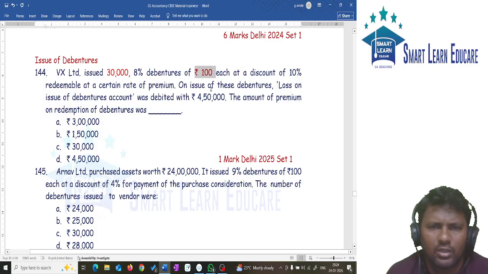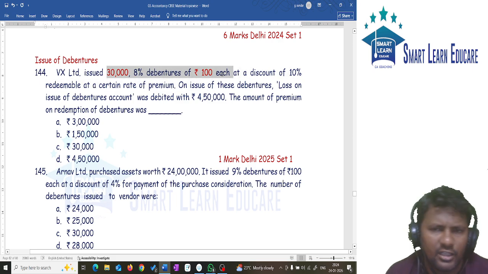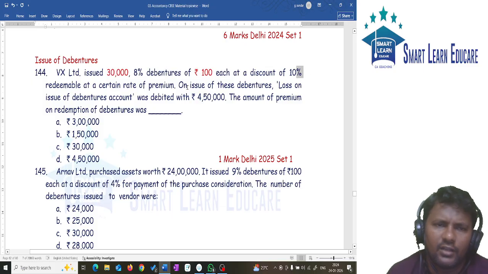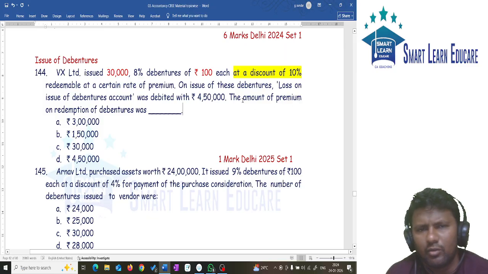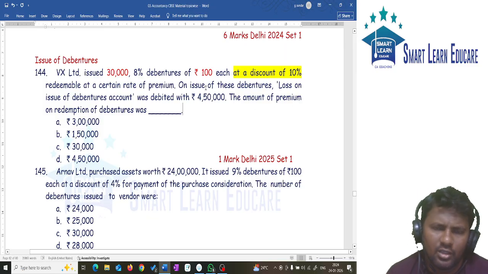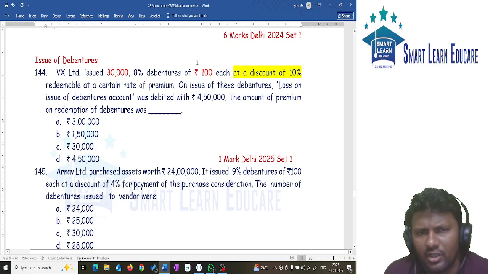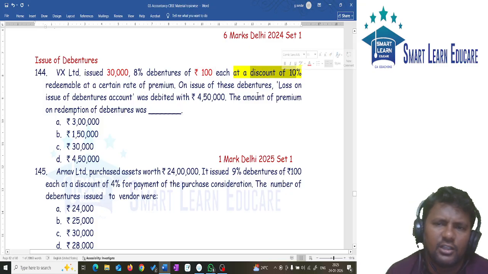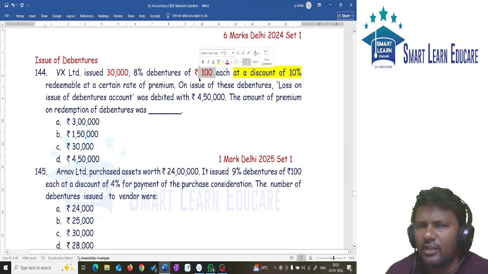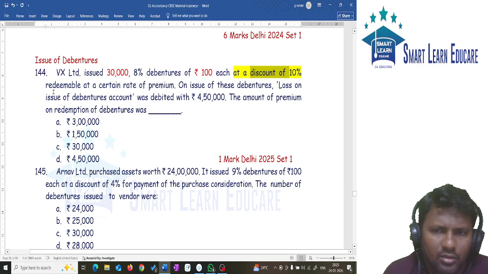These debentures are issued at a discount of 10%. Already we discussed the meaning of discount: if the issue price is less than face value, then it is called a discount. Face value is 100, but it is issued at 10% discount, meaning 100 minus 10%, it is issued at 90 rupees. That is called issued at discount.